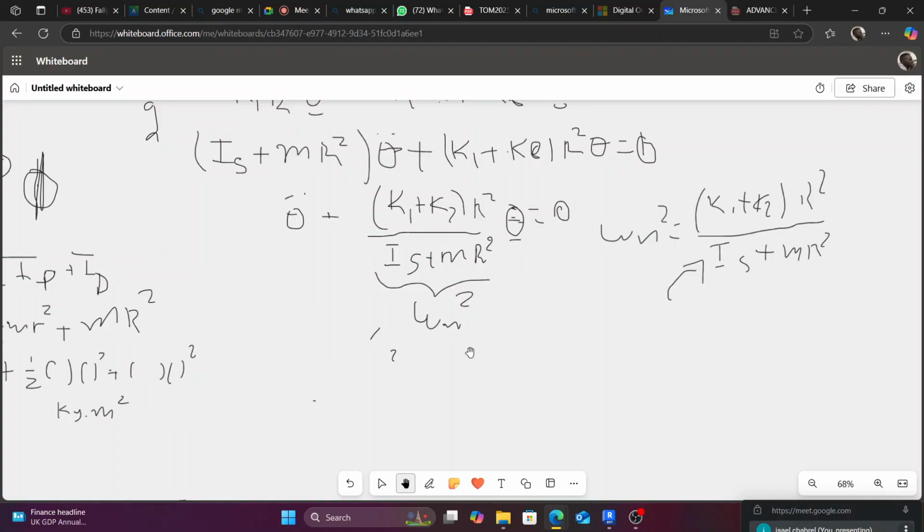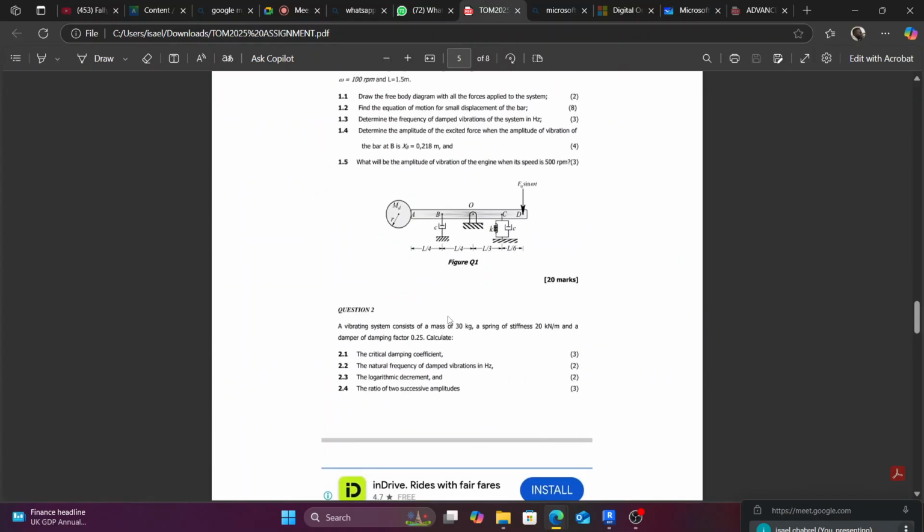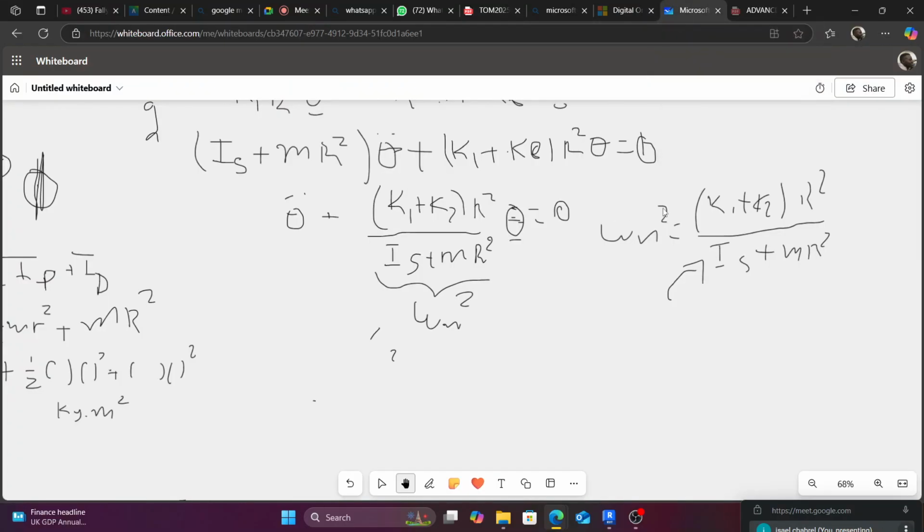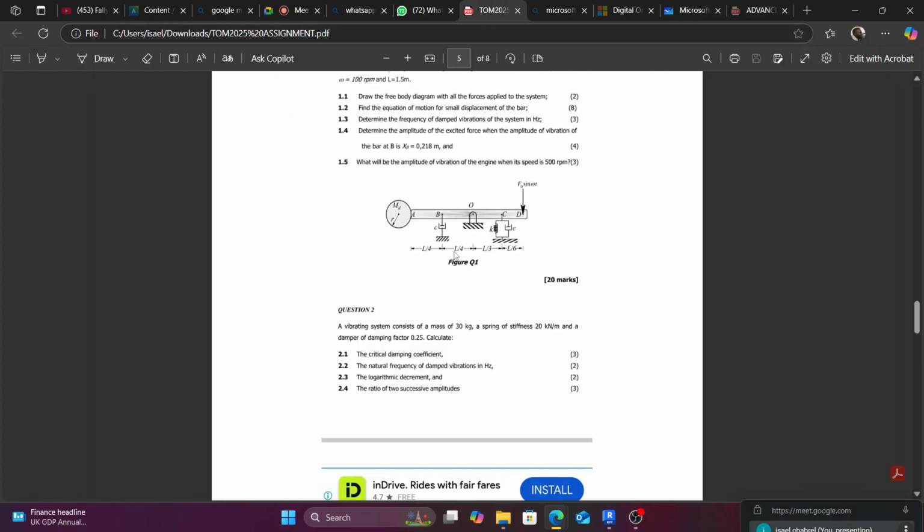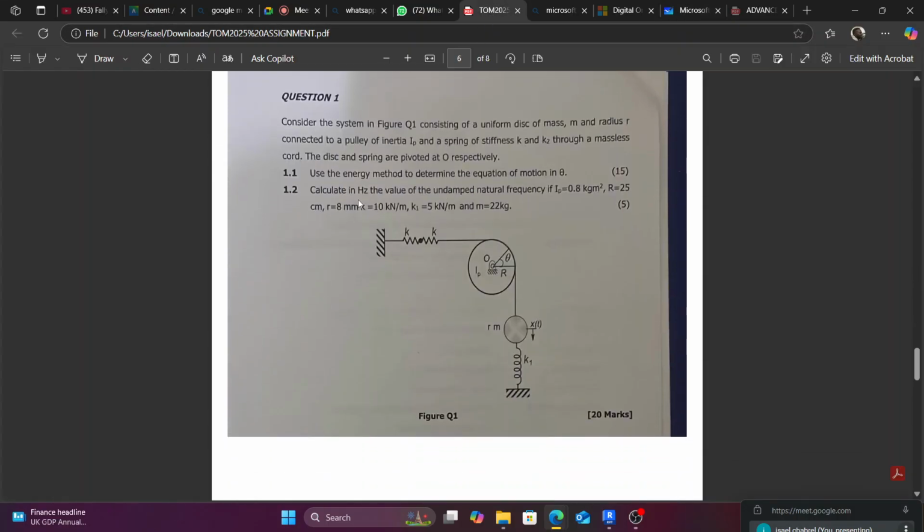You can only have the damped in a system when you have a damper. If I see the damper here and the question says determine the damped frequency, it means the frequency with the damper, and there is a formula for it. The formula is linked with omega n. But in this case, they said determine in hertz.